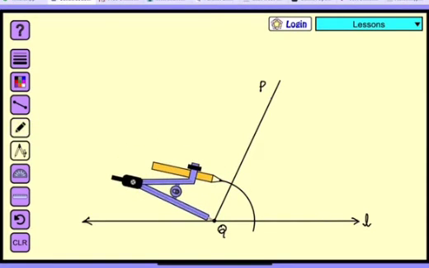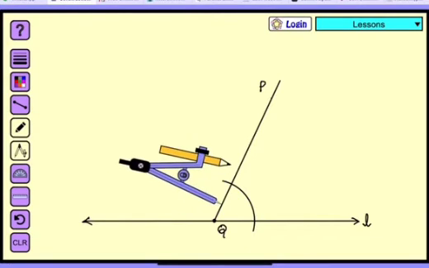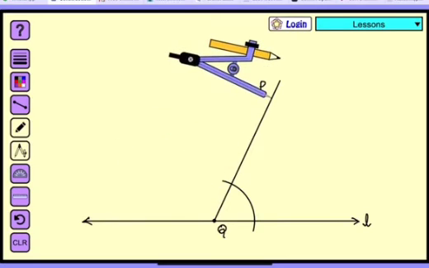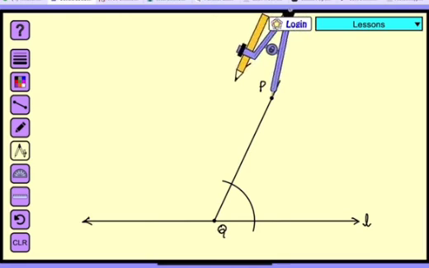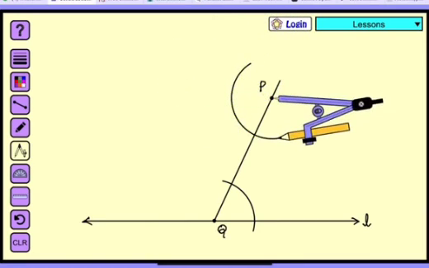We'll draw an arc, cutting the line L and segment PQ also. And with the same radius, we'll keep it at P and will not change the radius. We'll draw another arc.